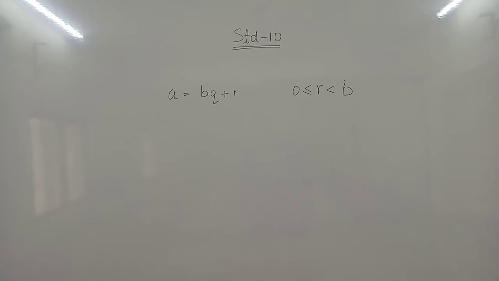Also we did a few sums to show that any positive integer can be expressed in the form 2q and 2q plus 1, or as 4q, 4q plus 1, 4q plus 2 and 4q plus 3. And I gave you the homework to find out the positive odd integer in the form 6q plus 1, 6q plus 3 or 6q plus 5. I hope you have done it.